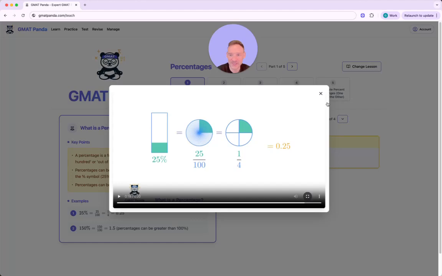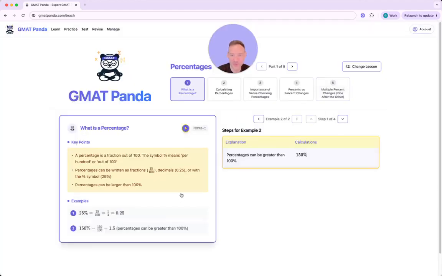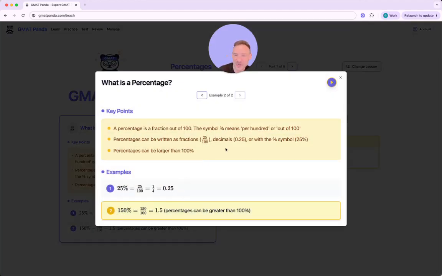One thing that is very important to understand, though, is that the portion can sometimes be larger than the whole. Just like in fractions, where you can have fractions bigger than one, you can have percentages that are larger than 100%.